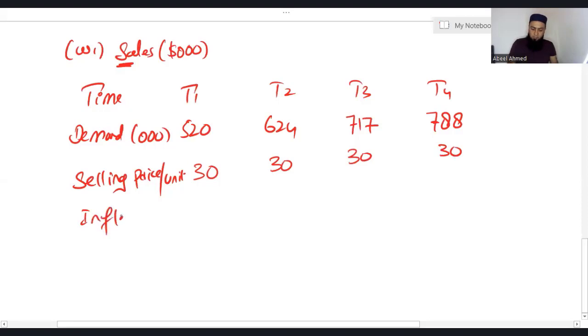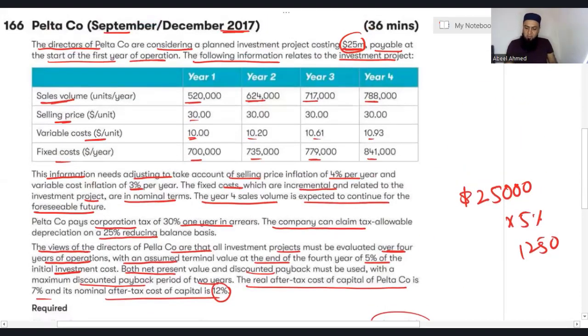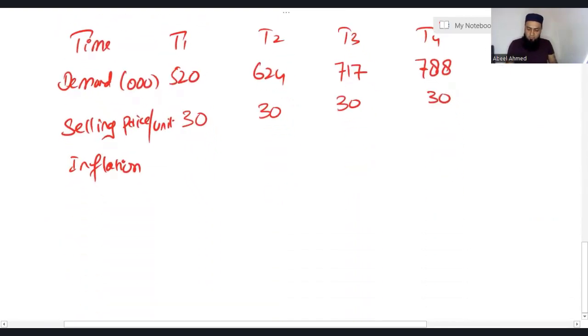Inflation. Since it is mentioned in the question that you have to incorporate inflation, inflation comes from the first year. Selling price inflation is 4%. So simply multiply this with 1.04, 1.04 power 2, power 3, and power 4.